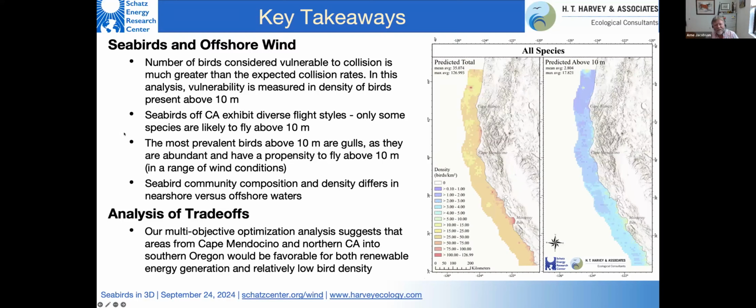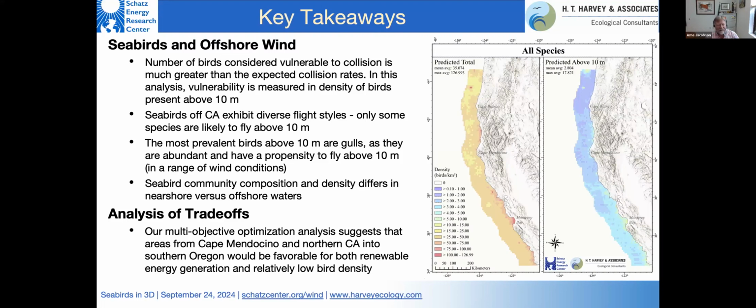Second is that seabirds along the Californian and Southern Oregon coasts exhibit diverse flight styles, and only some of them are likely to fly above 10 meters. The most prevalent birds above 10 meters are gulls, and the seabird community composition and density differ in the nearshore versus offshore waters.